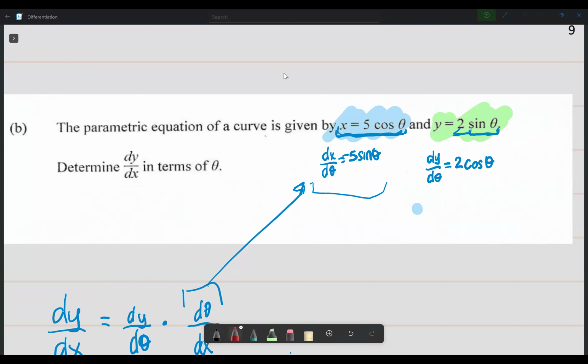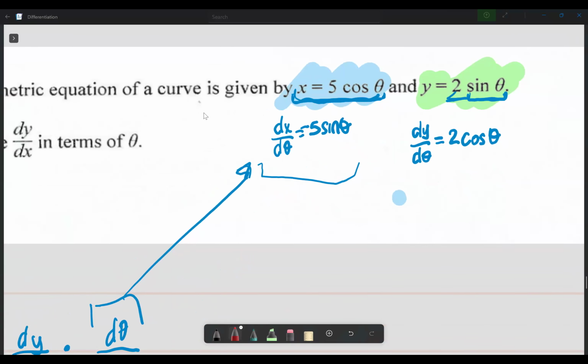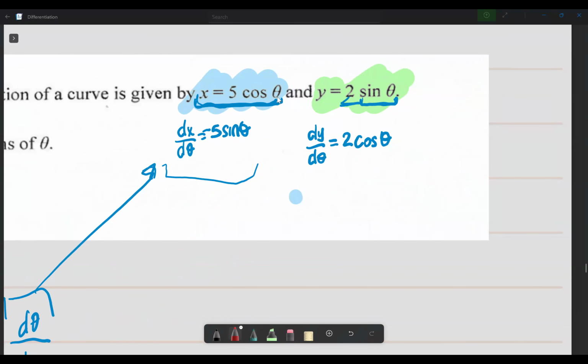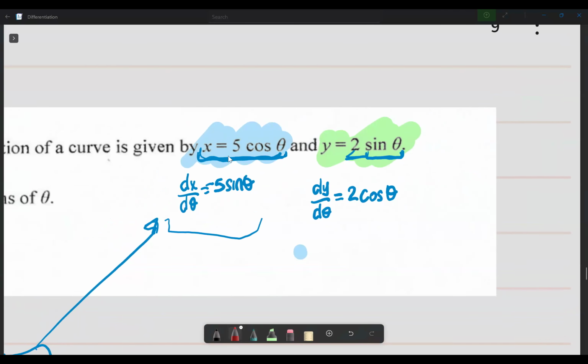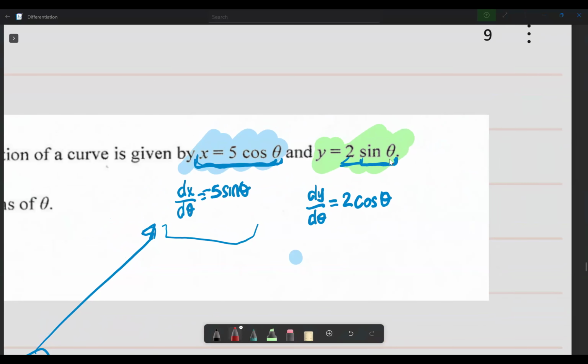So for the parametric equation, they're going to say, okay, x is equal to 5 cosine of theta, while y is equal to 2 sine of theta, right? And they're saying that they want to find dy dx. Well, the first step is to differentiate each of these with respect to theta.